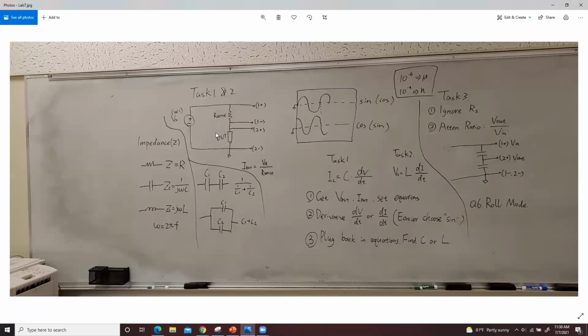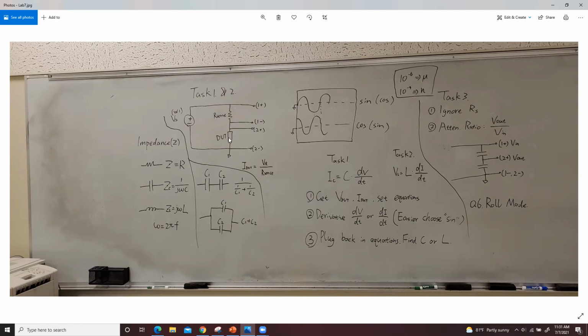You will use a resistor in series with a capacitor or inductor. DUT is the device under test. For task 1, you're going to use a capacitor.